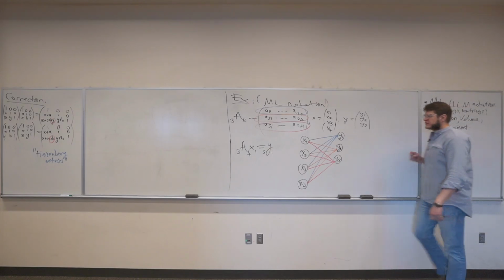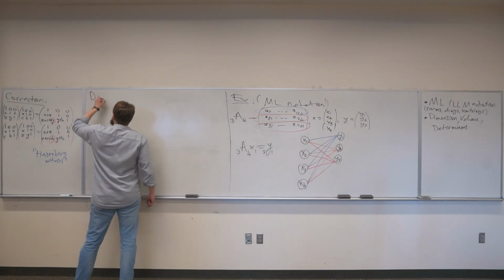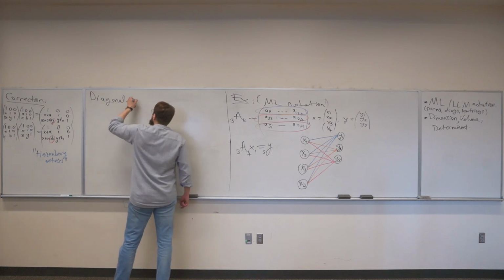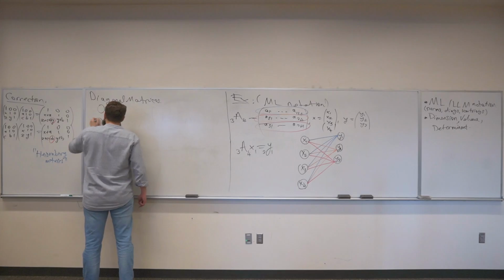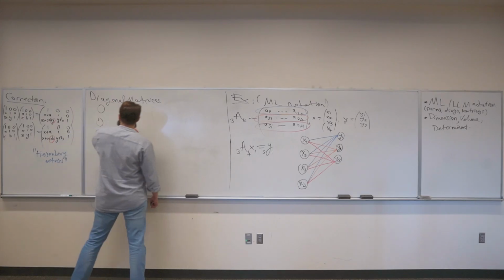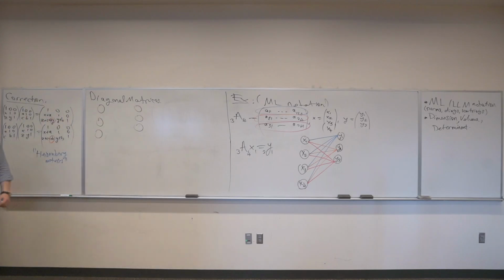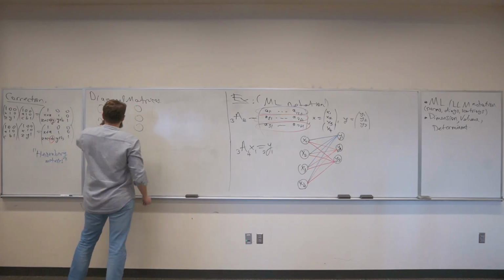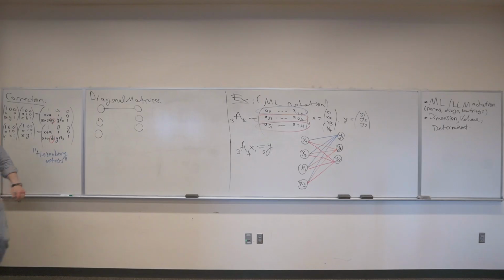So for instance, let's start with diagonals. Well, I'm going to have 3 channels on the input, 3 on the output. If you have a diagonal matrix, what's going to happen is the first output is only affected by the first input, okay?